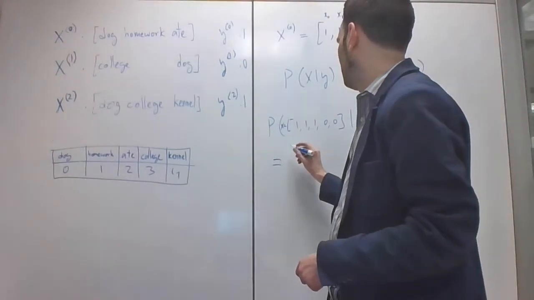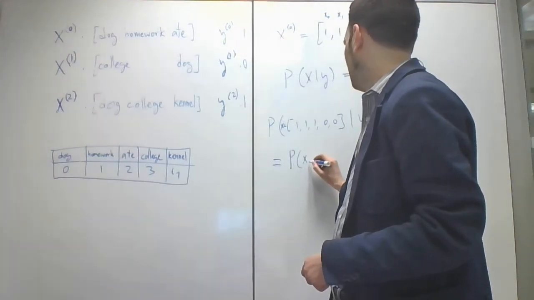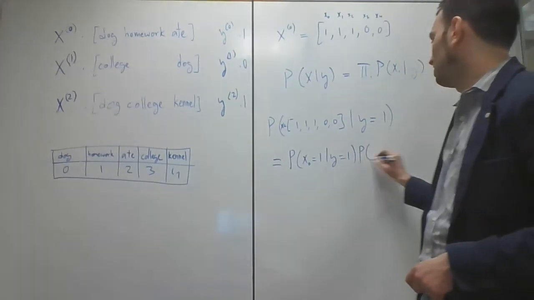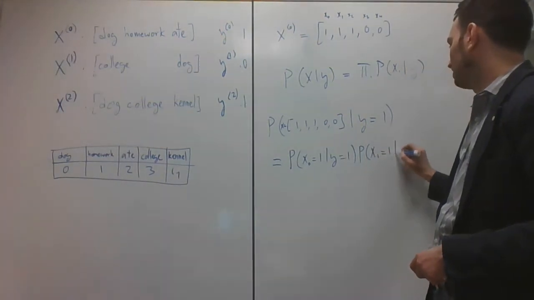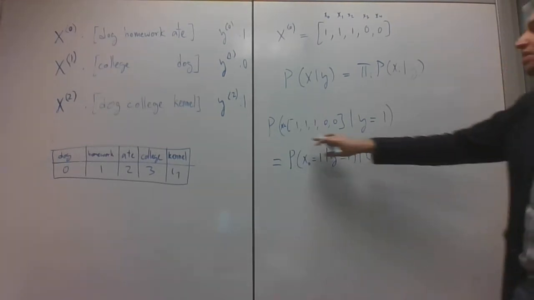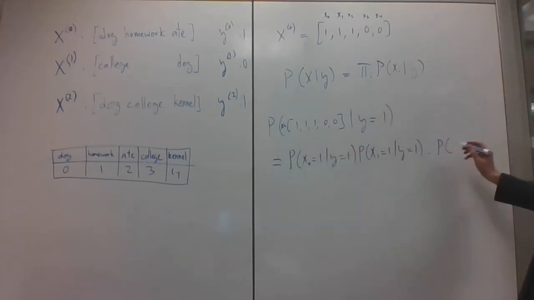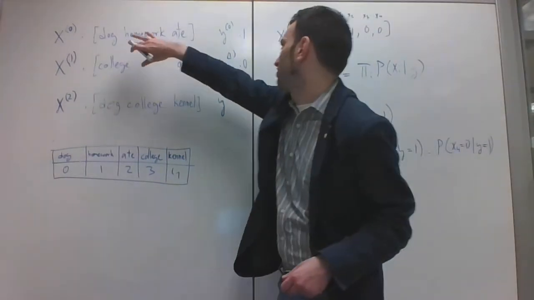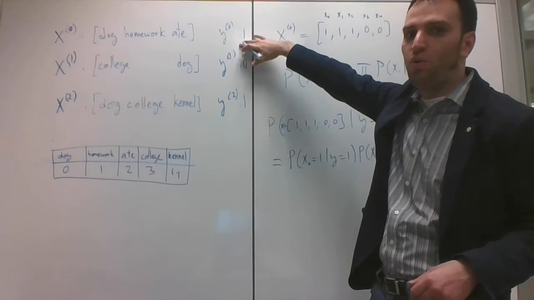It's going to be the probability that x0 is equal to 1, given y is equal to 1, times the probability that x1 is equal to 1, given that y is equal to 1, times and so on. The last thing is going to be, so 0, 1, 2, 3, 4, the probability that x4 is equal to 0, because here it's 0, given that y is equal to 1.